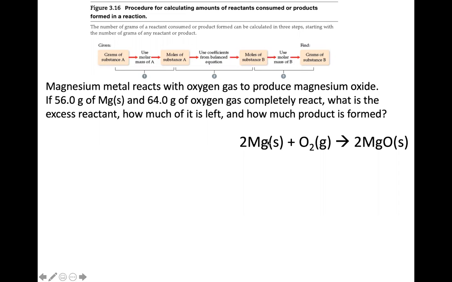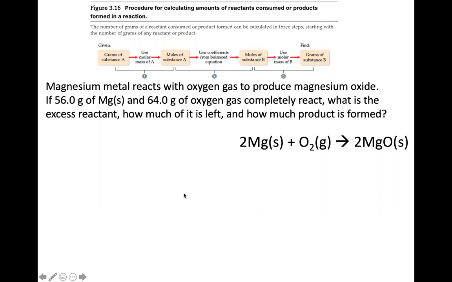Magnesium metal is talking about magnesium solid, the elemental form. Oxygen gas is talking about O2. Magnesium oxide, ionic compound. Magnesium is in the +2 column. It's an alkaline earth. Oxygen becomes oxide, which is in the -2 column, so it must be MgO. And then I'm going to balance it from there.